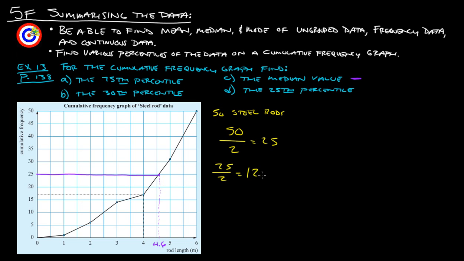We take 25 divided by 2, and that gives us 12.5. So 12.5 up is going to be our 25th percentile. There's 10, there's 15, so right in the middle here it's going to be 12.5, which is that. We drop down there, and that looks like about 2.8, 2.7, somewhere right in there.